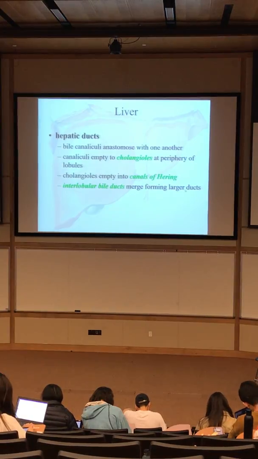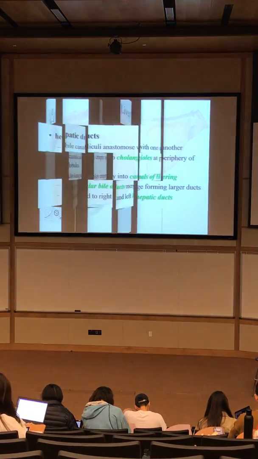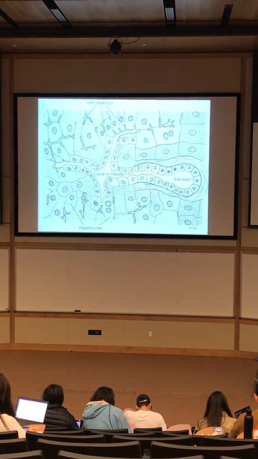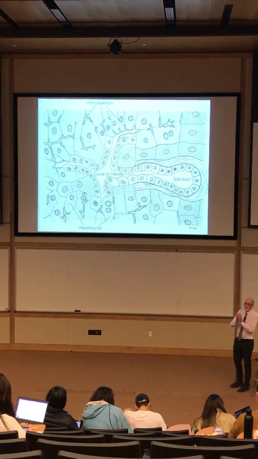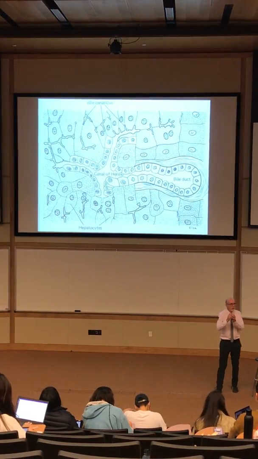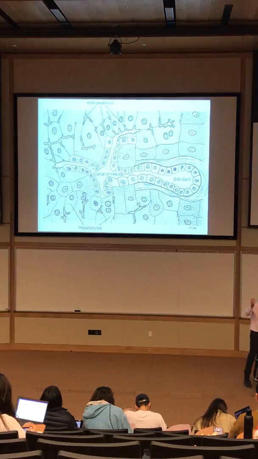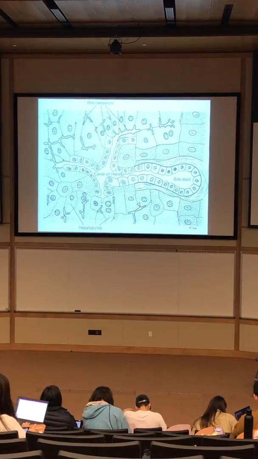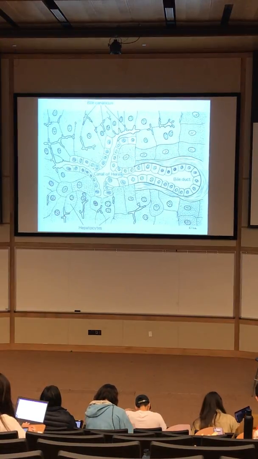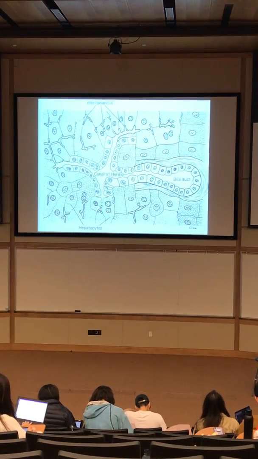And then those are going to merge into larger ducts that lead to the right and left hepatic ducts, which then combine to form the common hepatic duct, which then joins the cystic duct to form the common bile duct, which then joins the pancreatic duct at the ampulla of Vater, or the hepatopancreatic ampulla, and then dumps into the second part of the duodenum. Get all that? I should be recording this, shouldn't I?